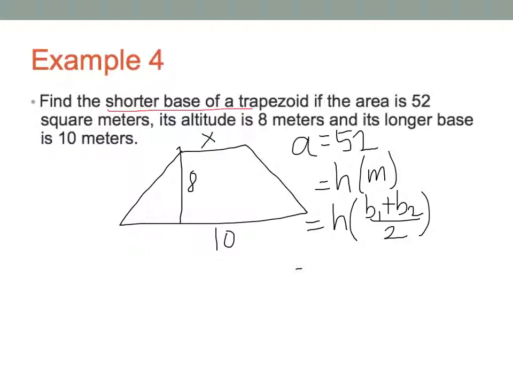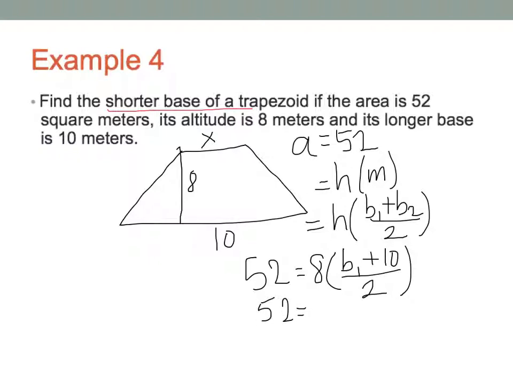And so far I have the area is 52, and that equals the height times base 1, which I don't know, I'm going to call it x in just a second, plus 10 divided by 2. Now what should we do? Let's get 52 equals 4.